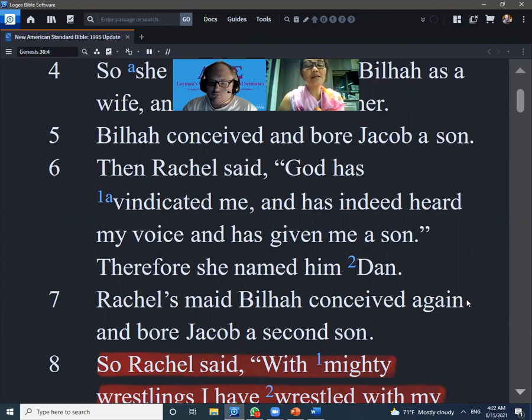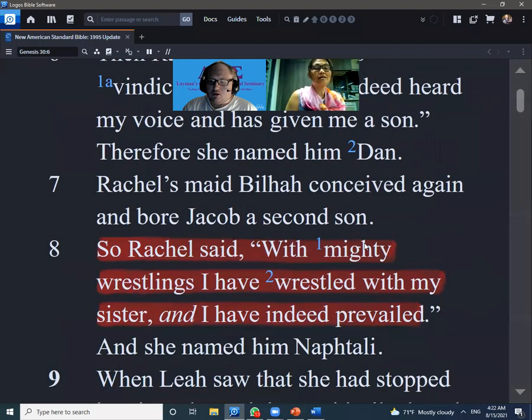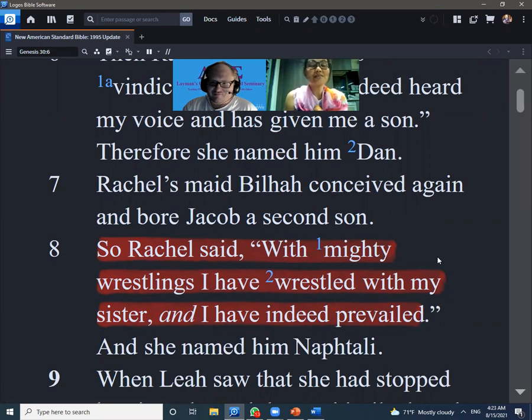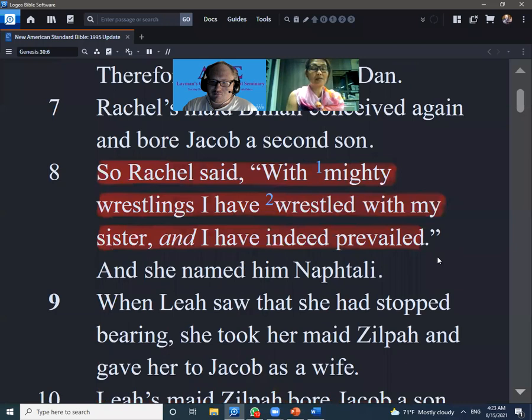Rachel's maid Bilhah conceived again and bore Jacob a second son. So Rachel said, "With mighty wrestlings I have wrestled with my sister, and I have indeed prevailed."